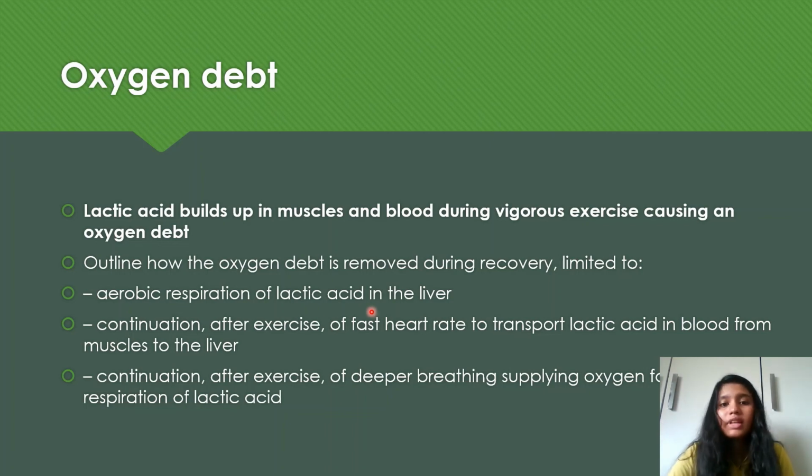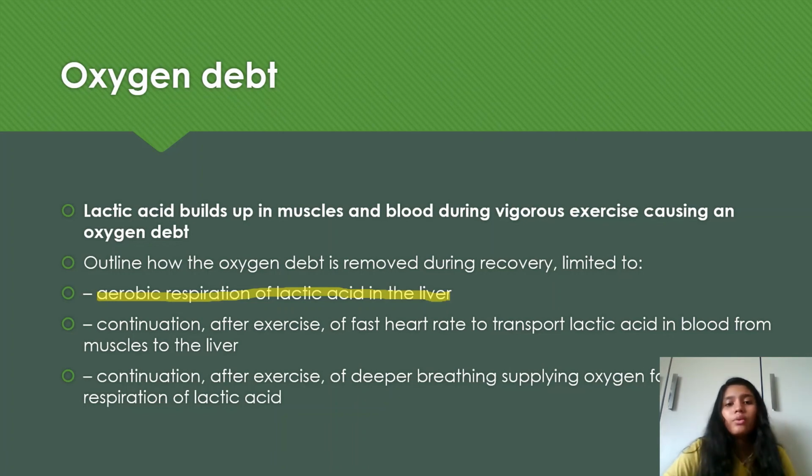The lactic acid is transported to the liver, very important, and aerobic respiration of lactic acid occurs in the liver. So it is aerobically broken down. So lactic acid plus oxygen gives carbon dioxide plus water. Okay, that is your equation. Lactic acid plus oxygen gives carbon dioxide plus water.